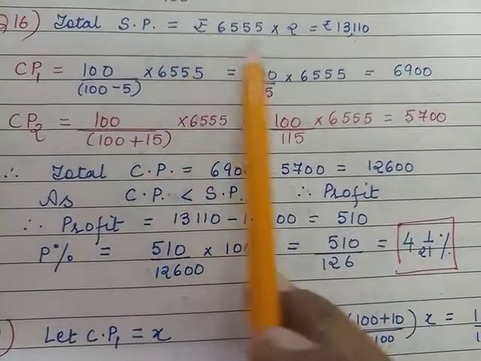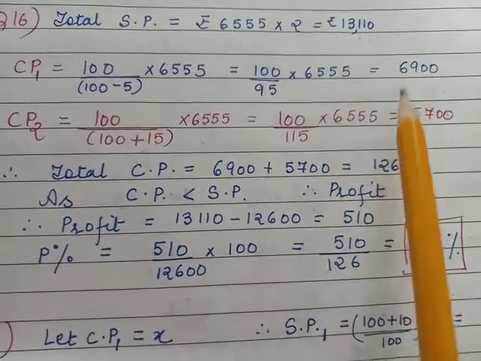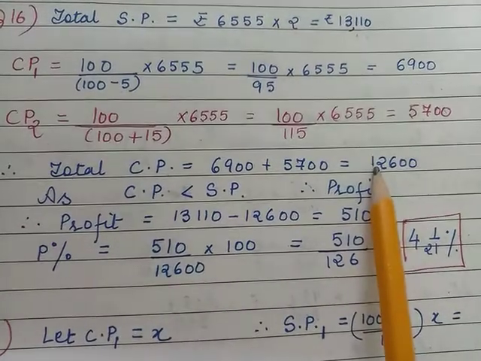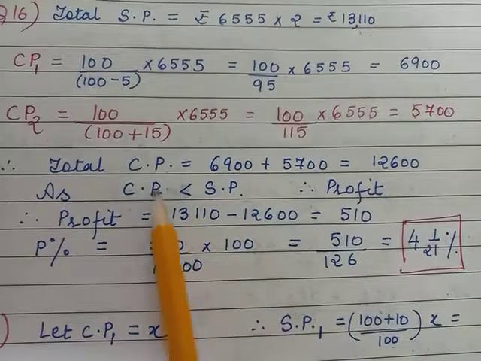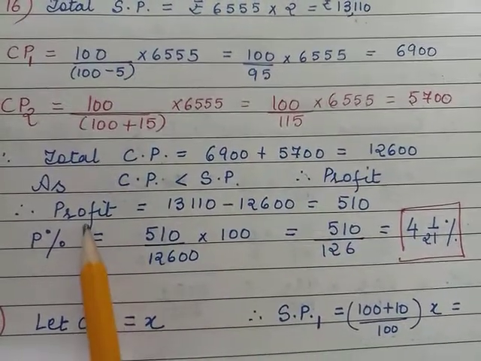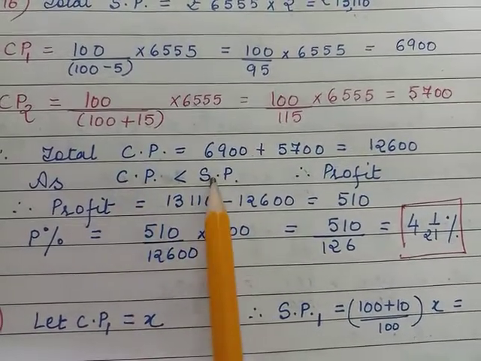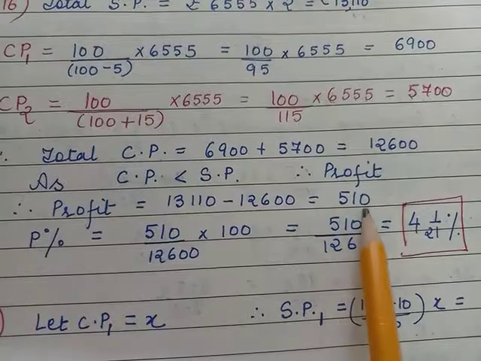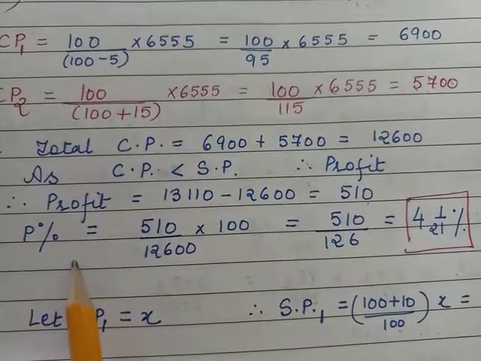The selling price is 13,110 and the cost price is 12,600. As the selling price is greater than the cost price, it is a case of a profit. We calculate the profit by subtracting cost price from the selling price, so that will give you 510. We convert this profit into a percentage.